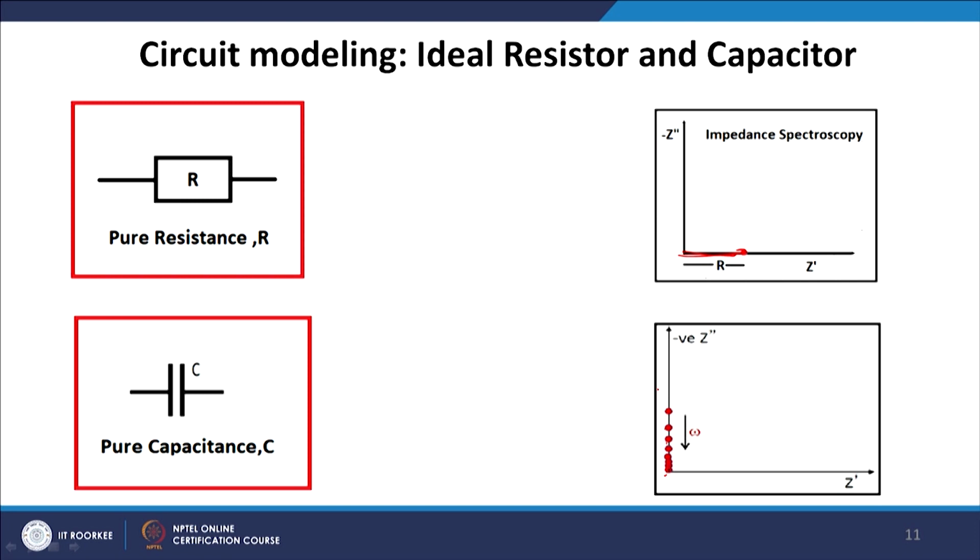Now, let me ask one question. Obviously from this figure we can see that this R has a definite value. If R is 0, then this will be at this point. When I am talking about pure capacitance here, we consider R equal to 0. Similarly, if we have a capacitance value of 0, then it is simply a dot.